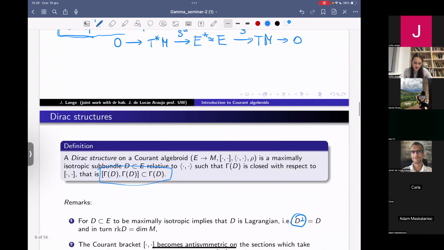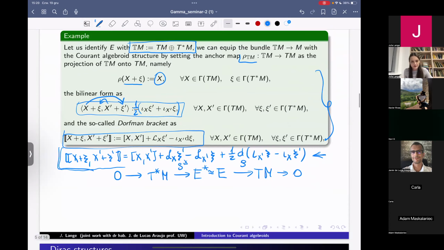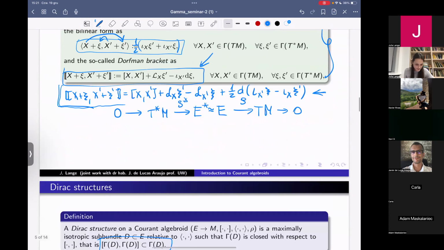However, I would prefer to use the bracket which is specifically called the Dorfman bracket, which I defined here, okay? It has a few advantages, like it's less complicated for sure, so it's easier for calculations and so on, right?